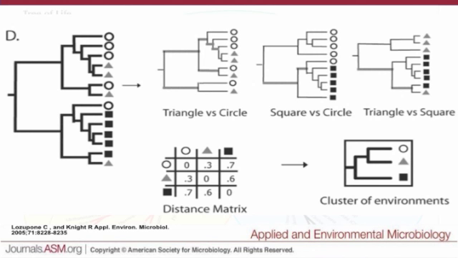So they're calculating the real UniFrac distance for this pattern. You compare environment 1 and environment 2, and you calculate a distance. That's the UniFrac distance. And if you have a third environment, you now can calculate distances for all of them.